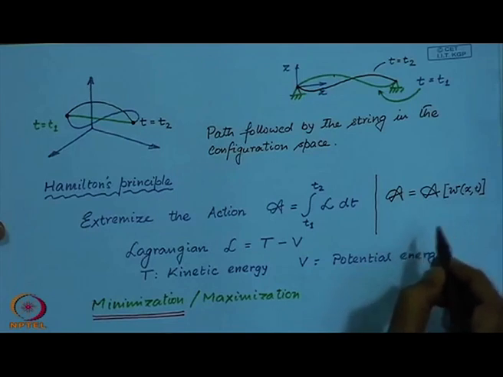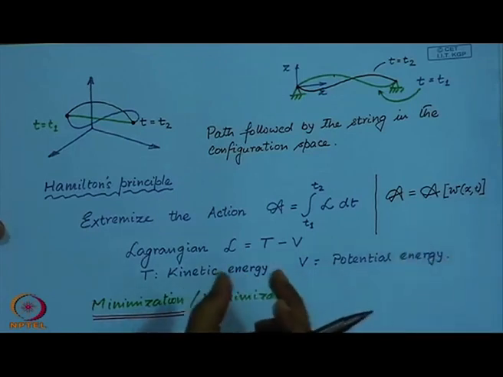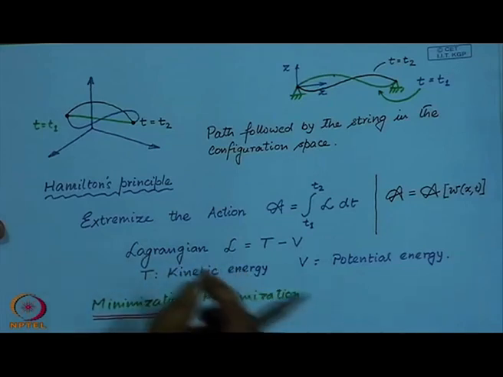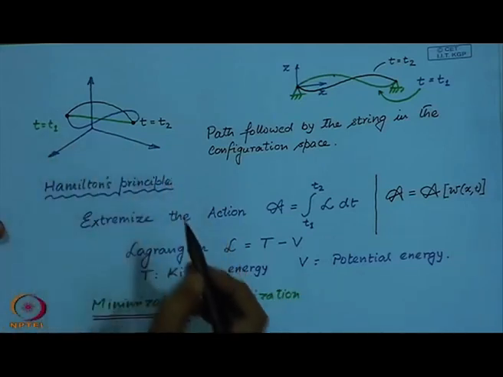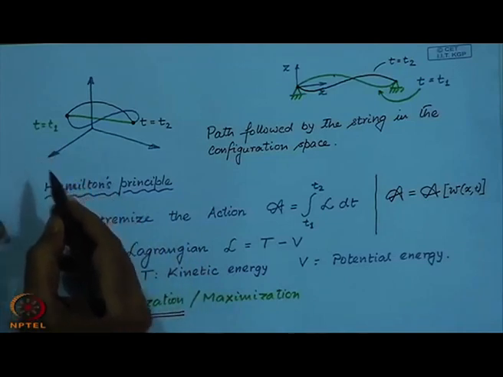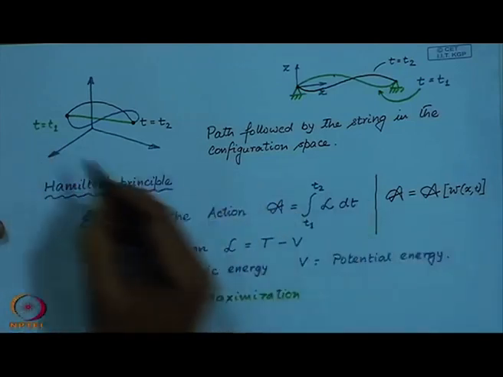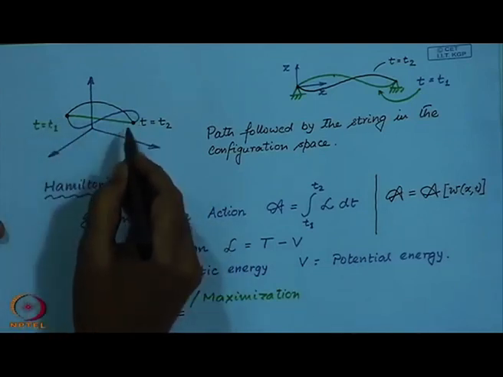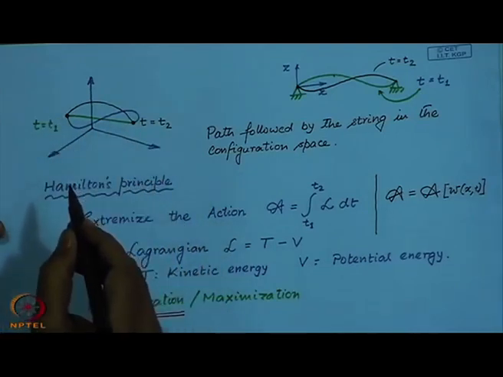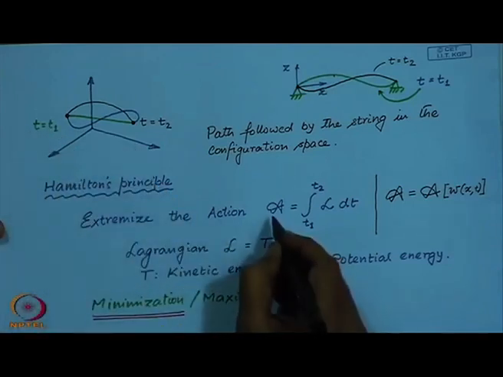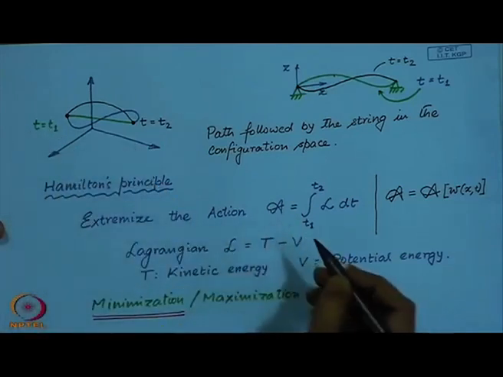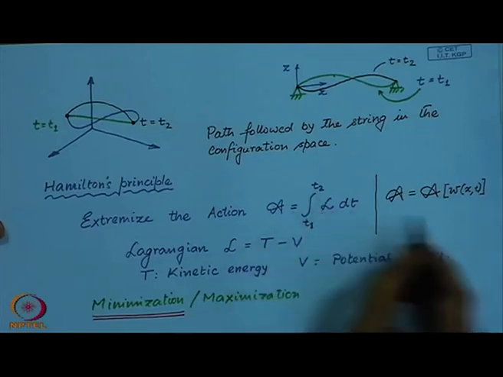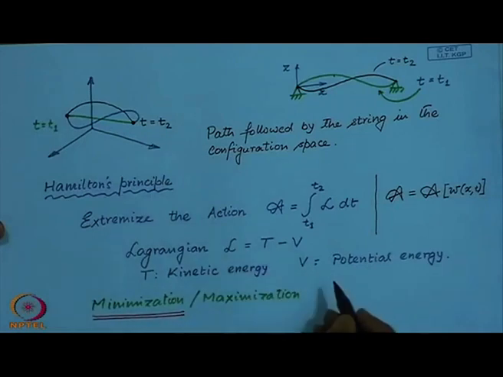So, given the motion of the string, or given the path taken by the string from configuration 1 to configuration 2, which is a function of time, we have defined this action as an integral over the scalar function which is defined in terms of those paths.